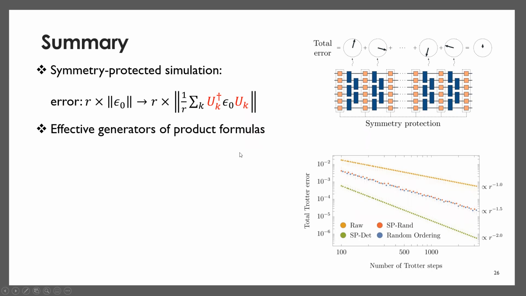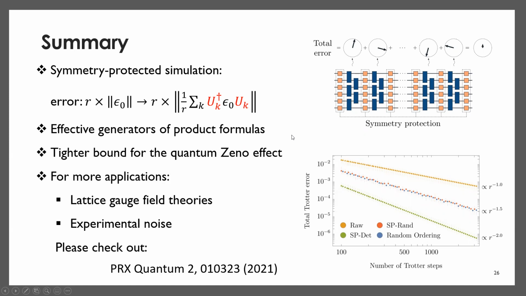In order to show these results, we show how to compute the effective generator of the circuit that corresponds to the quantum simulation algorithm. In particular, in this case, it is the circuit that corresponds to the product formulas. And we also provide a tighter bound for the quantum Zeno effect. We also consider more applications in our paper, so if you are interested, please check it out.